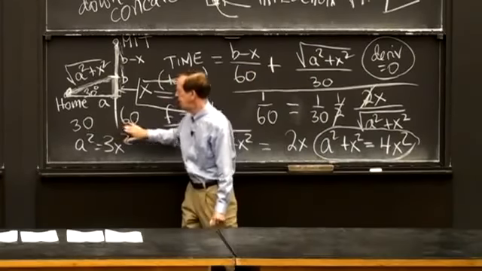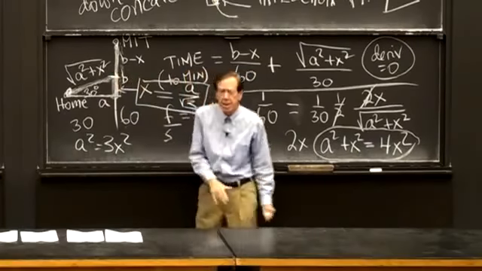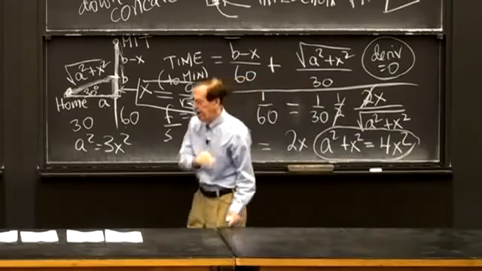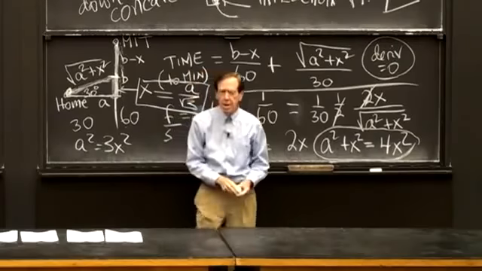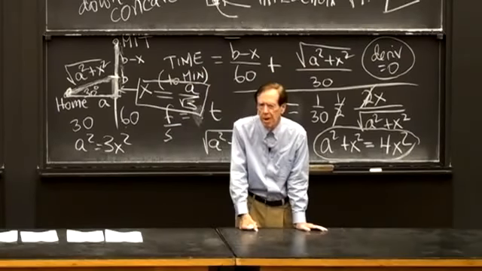So if I change these 30 and 60 numbers, I'll change my answer, but basically the picture won't change much. And there's another little point to make to really complete this problem.